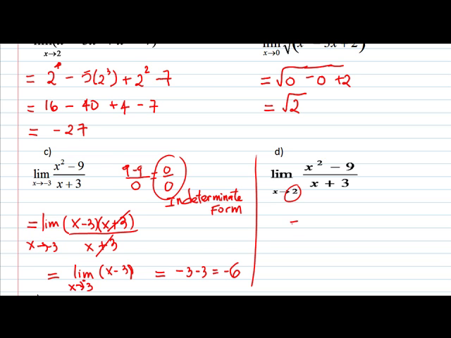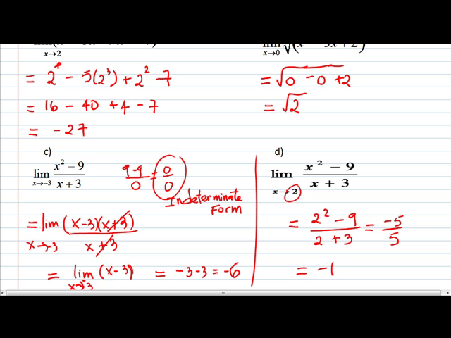Therefore, to evaluate this limit, all we have to do is set it to the value 2 directly inside our function, which is 2 squared minus 9 over 2 plus 3. 4 minus 9 is minus 5, over 5, I got minus 1. That's our limit.